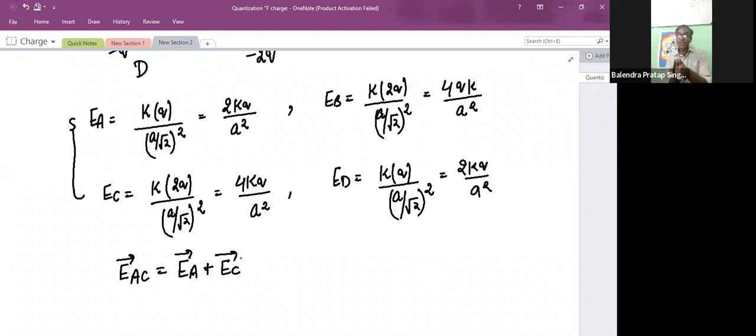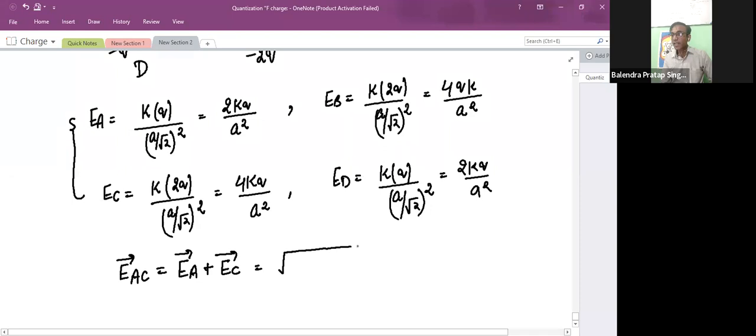If two vectors are given, then as I told you in my previous class, the magnitude is the square root of EA square plus EC square plus 2 EA EC cos theta. That's the formula.